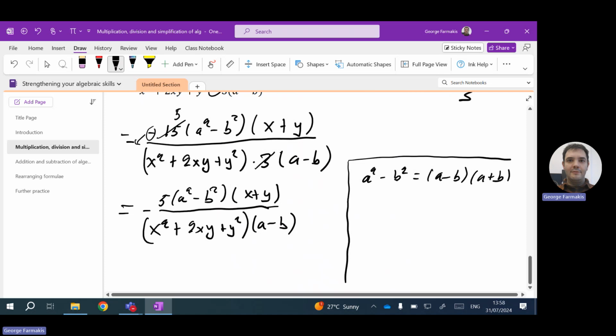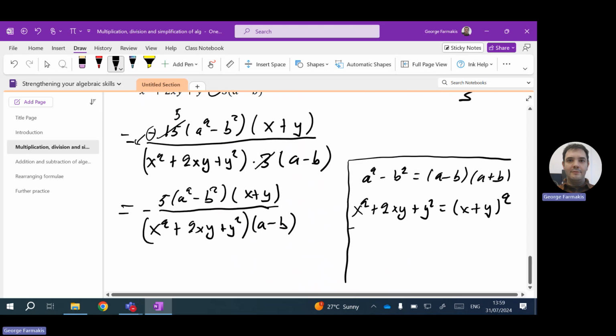So a to the square minus b squared can be factorized into two terms, a minus b times a plus b. And the term here, x squared plus 2xy plus y squared, this is equal to x plus y to the power of 2. Okay.